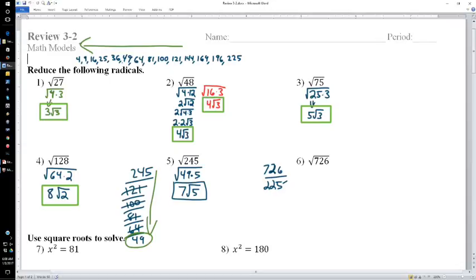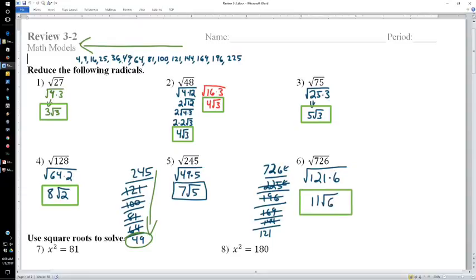Since 225 ends in 5, I know it's not going to go into 726, so I know that's not going to work. 726 divided by 196, that doesn't work. 726 divided by 169, no. 726 divided by 144, no. Divided by 121, and yay, it works. 726 is 121 times 6. And the square root of 121 is 11. So 11 on the square root of 6. Alright? And there you are.